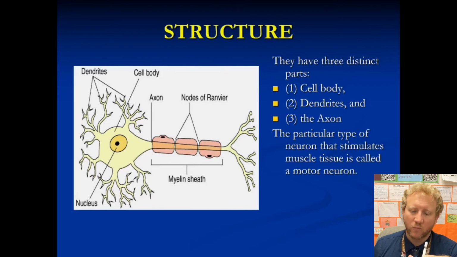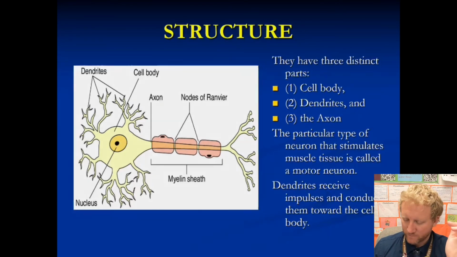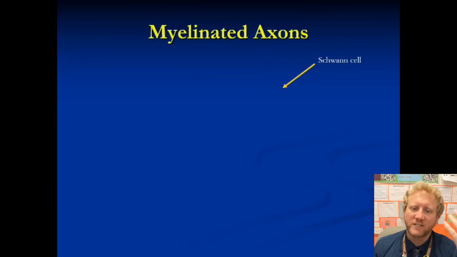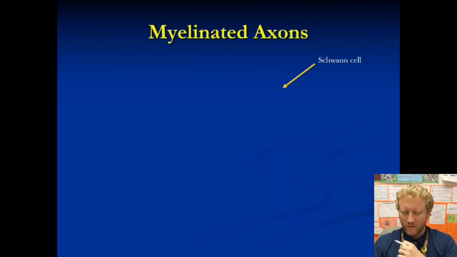This particular neuron is a motor neuron that we had talked about when we talked about neurons with muscles. The dendrites are the receivers of the message, and the axons send the messages. Then the cell body has all of the nucleus and stuff like that.